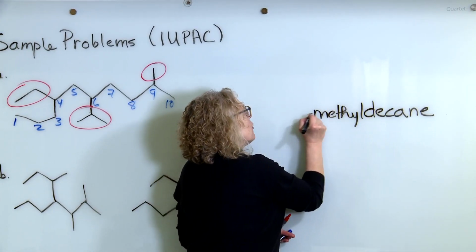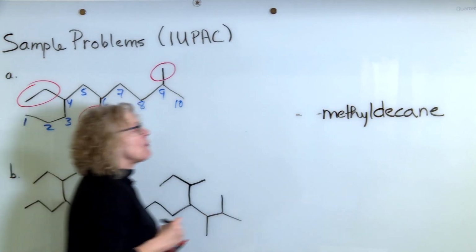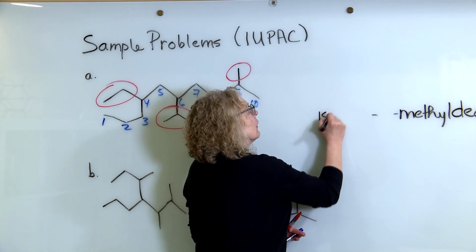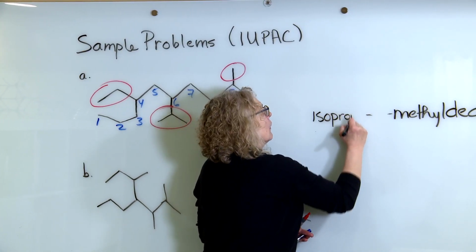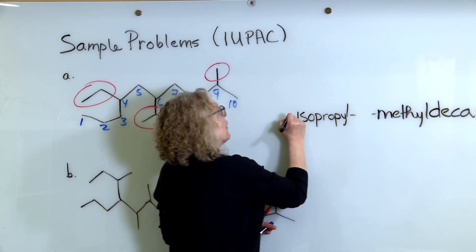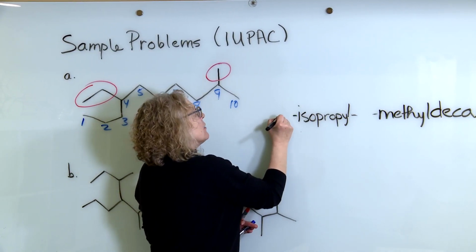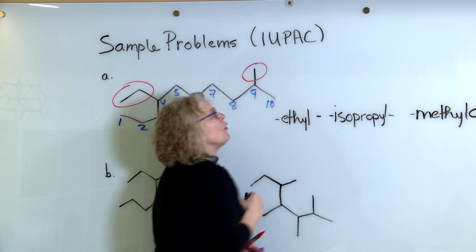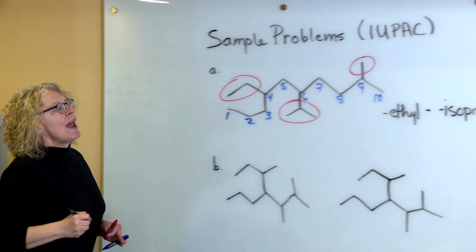We leave a little space for where that methyl is. Then isopropyl goes in the middle. Leave a little space for the number. And ethyl goes first. So E of ethyl beats I of isopropyl beats M of methyl.